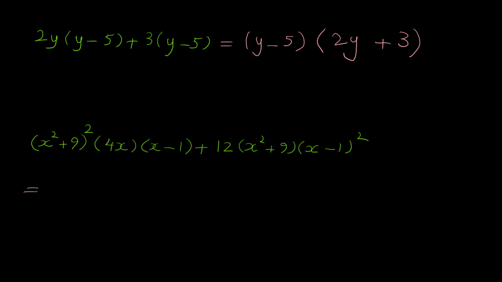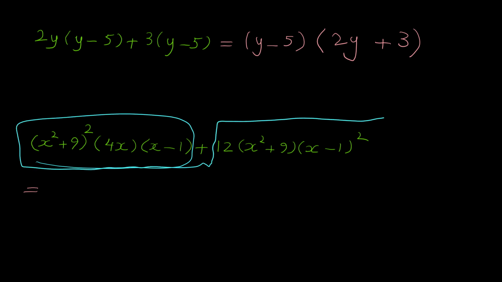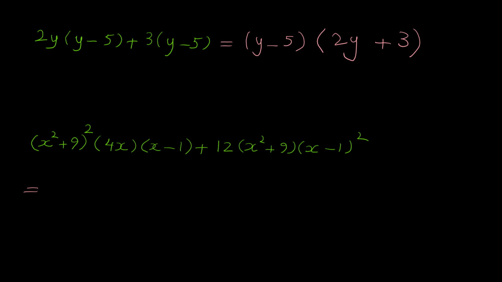The first term is this big expression, and the second term is this one. Now that we know that we have two terms, let's see, do we have any common factor between them or not? If you pay attention, in the first term we have x to the 2 plus 9 to the 2. In the second term also we can see that we have x to the 2 plus 9 to the 1.